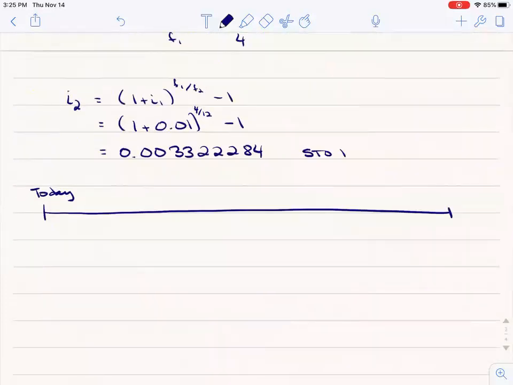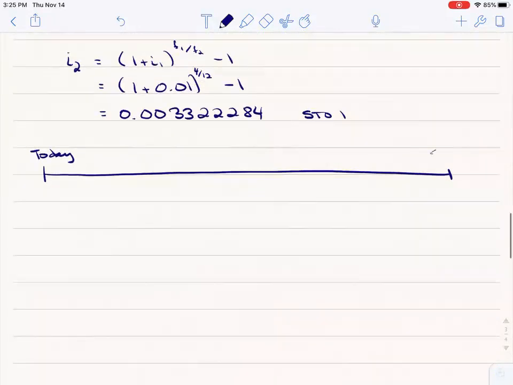So because I'm making monthly payments for 5 years, what I'm going to have is 12 times 5, so 60 payments, so 60 months. That's going to be my main time value, but up above it, I'm just going to write 5 years.